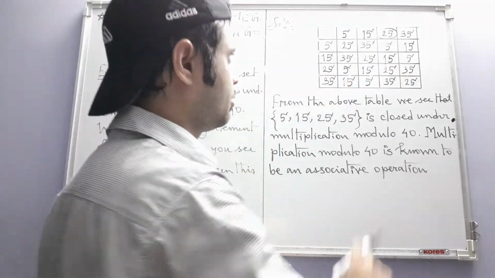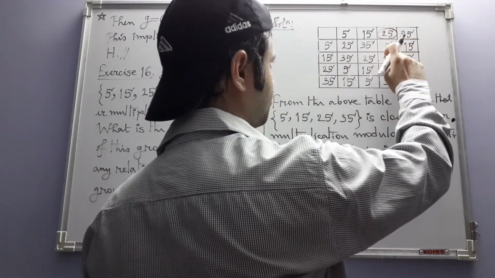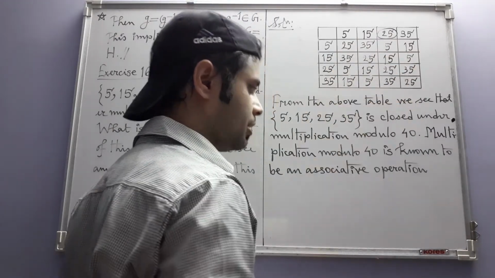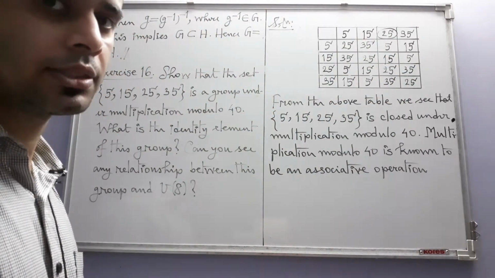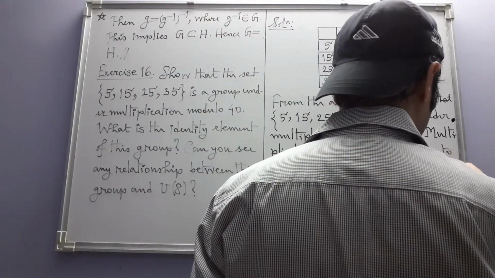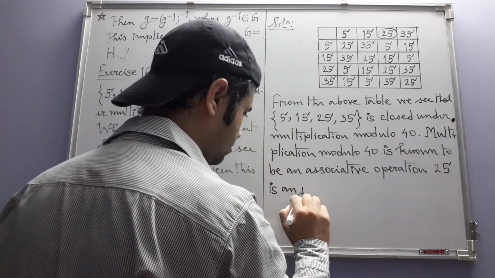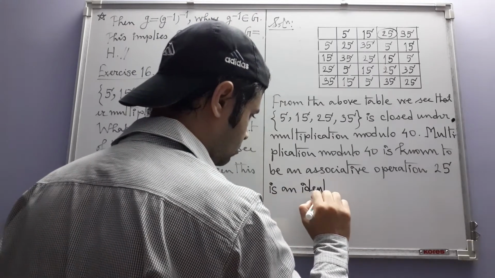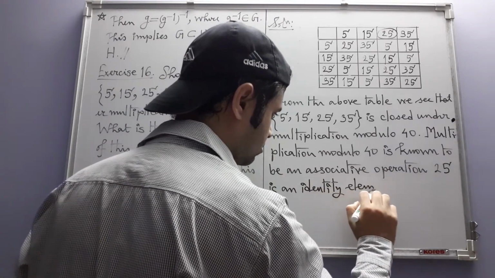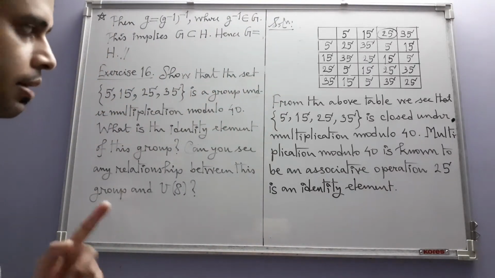Also in the other order, 5 times 25 is 5, 15 times 25 is 15, 25, 25, 35, 35. So 25 acts as the identity element. 25 is an identity element.